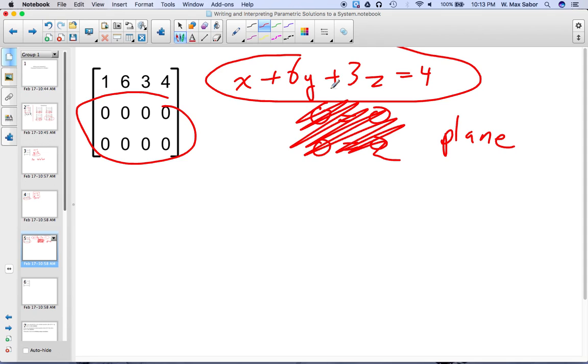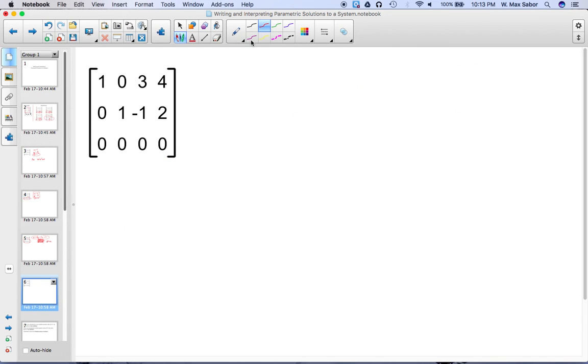Here is one way we could have a system where all of the equations were essentially the same, because if you take 3 planes and have them all intersect in a plane, then they have to have been the same plane. And lastly, here we have x plus 3z equals 4, y minus z equals 2, and we can't actually figure out from here what z is.